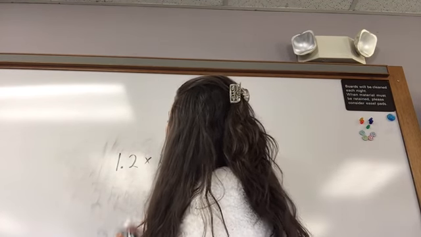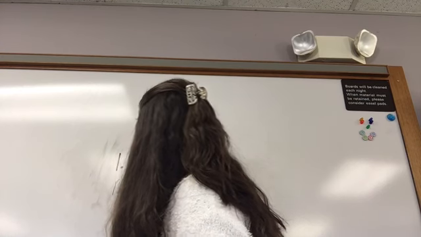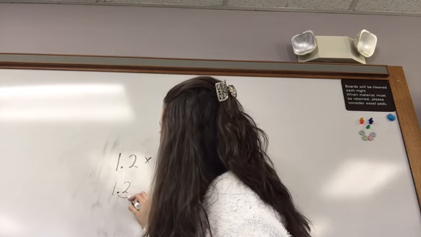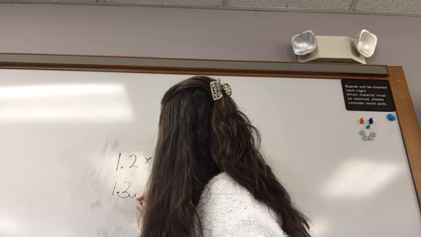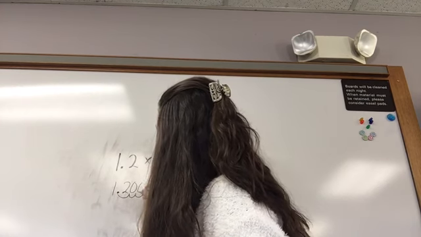So we take our decimal point in 1.2 and we move it 1, 2, 3 times. We fill in our empty places with zeros, and we leave our understood decimal point all the way to the right of our answer.